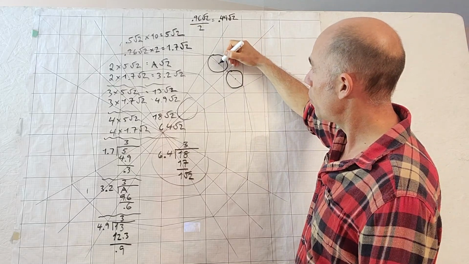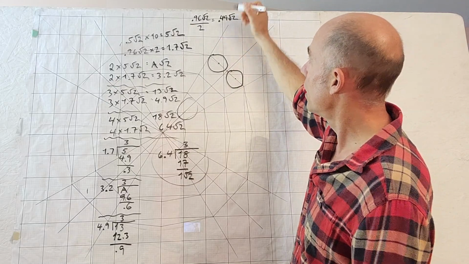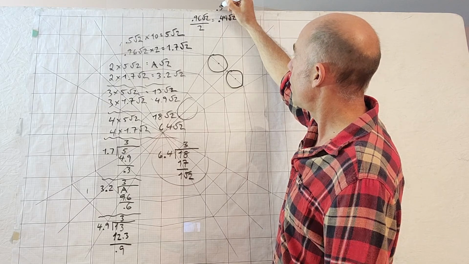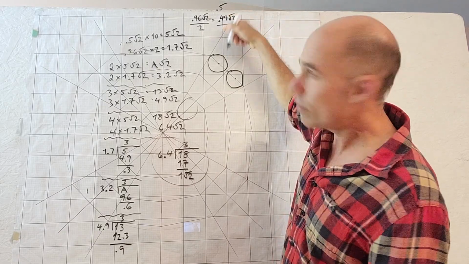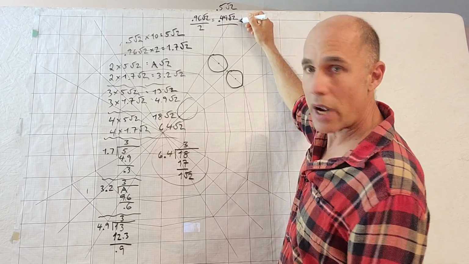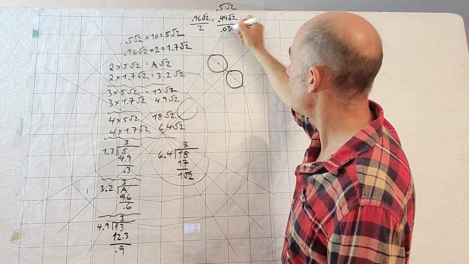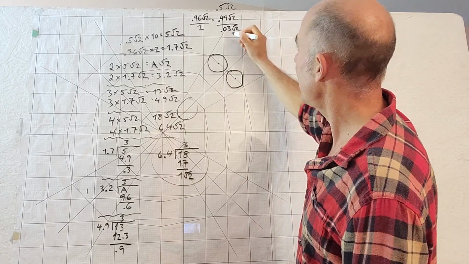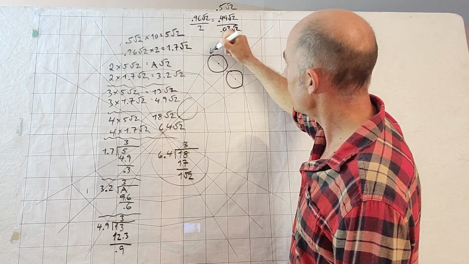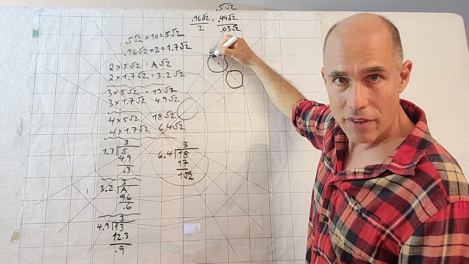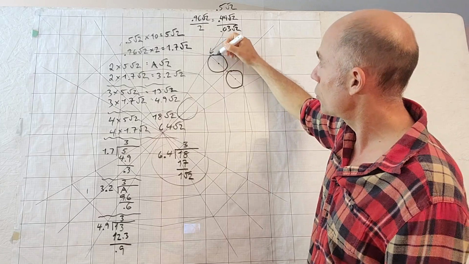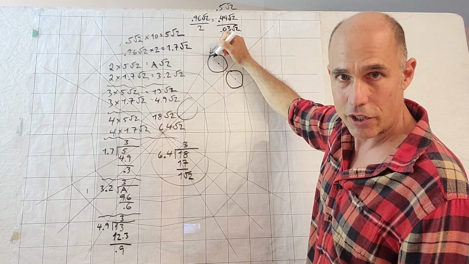So we have 1.5, and so this is 0.49. So 0.5 root 2 subtracting 0.49 root 2 results in 0.03 root 2. So that is the space here between the edge of that circle, or the circumference of this small circle, and the end and the line of the dodecagon.